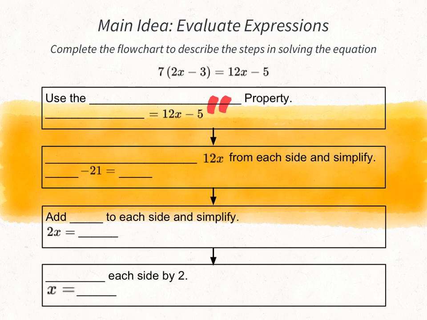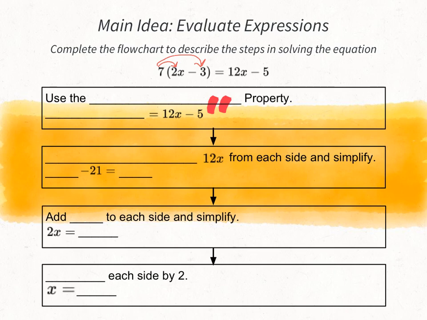Now let's talk about how to solve equations when you have more than one instance of x, especially x on both sides of the equal sign. So the first thing we want to do with this one, we got to get rid of those silly parentheses. And the way to do that is using distribution.